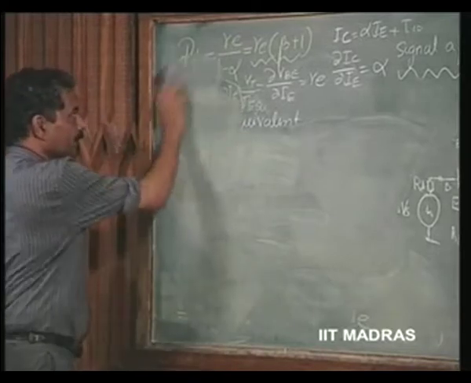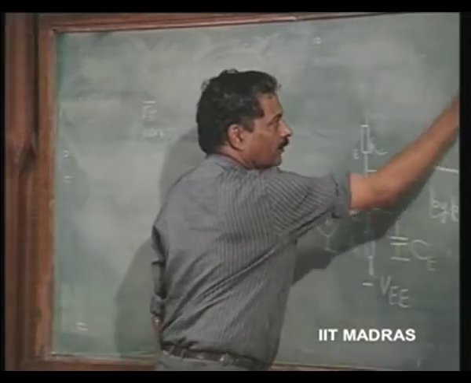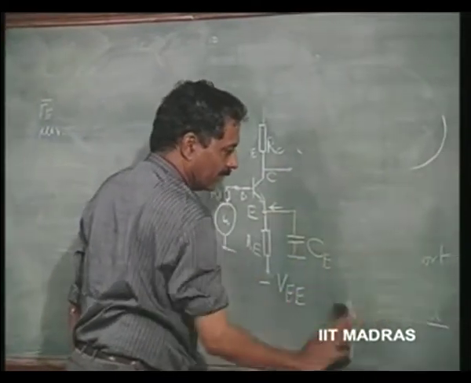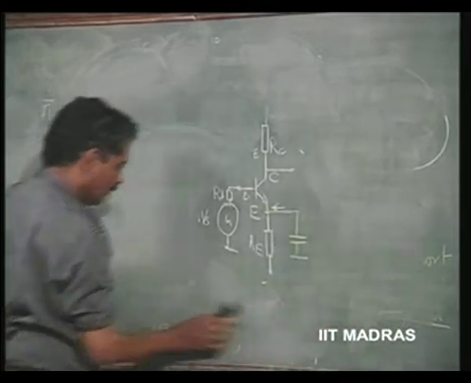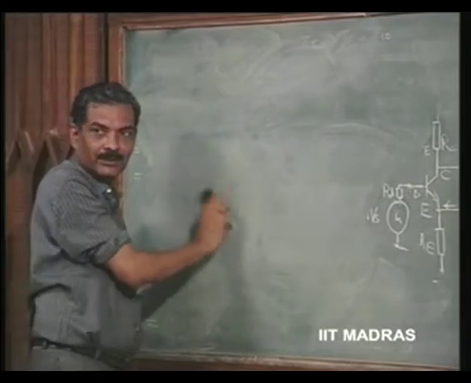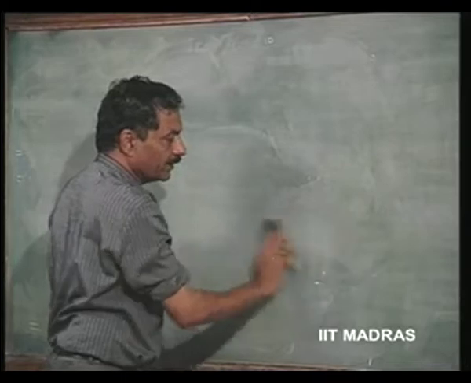Its input impedance is going to be small RE divided by 1 minus alpha or RE into 1 plus beta, and its gain is minus GM into RC. So, let us now take an example to illustrate this.